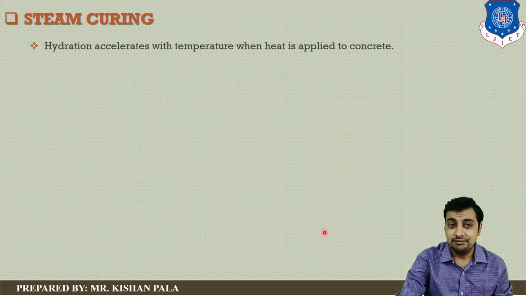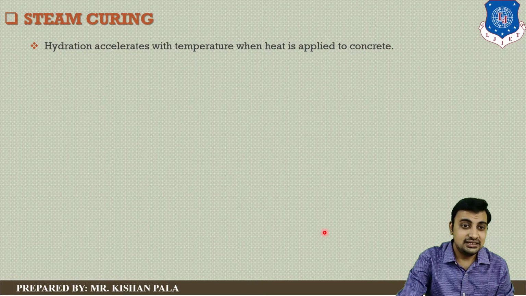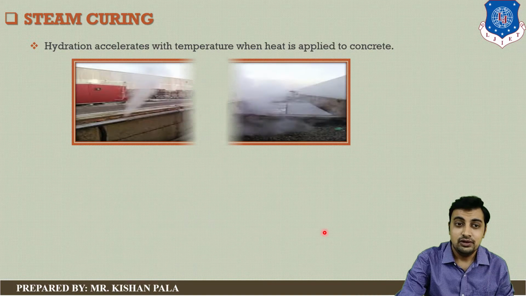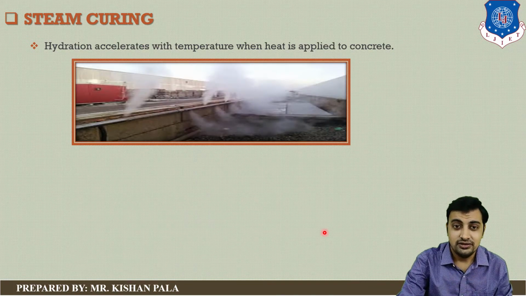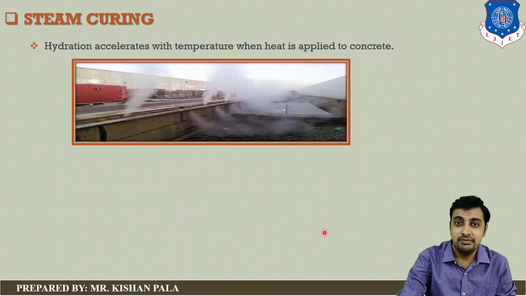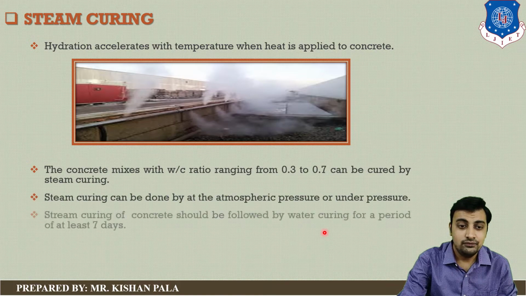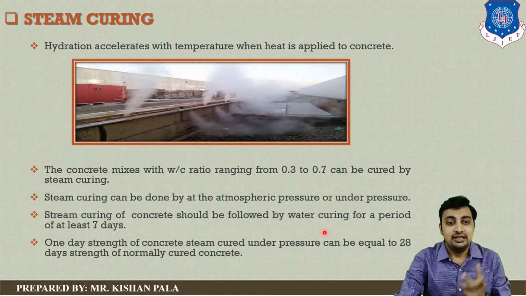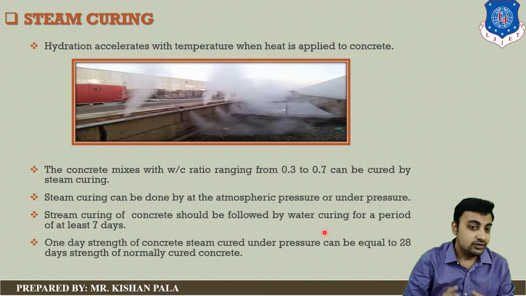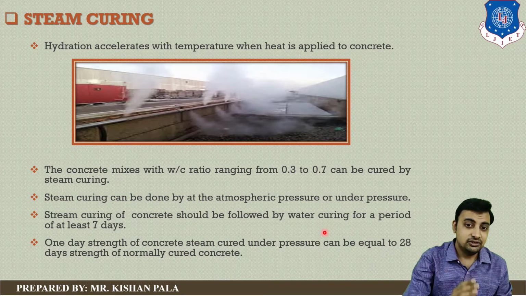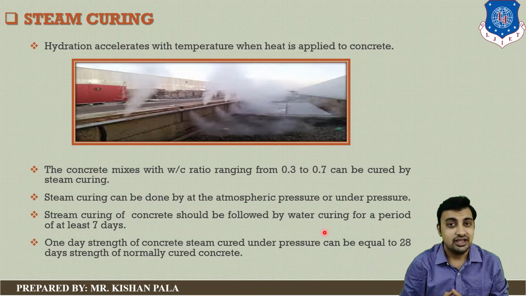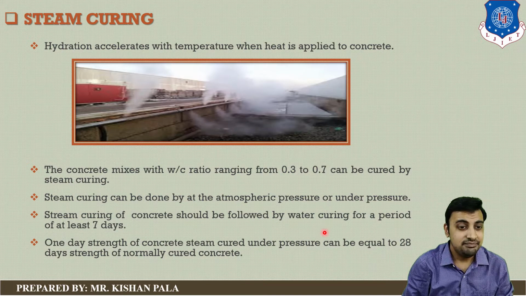In steam curing, hydration is accelerated with temperature when heat is applied to concrete. You can see on your screen, this is the steam curing method for the curing of concrete. Concrete with a water cement ratio ranging from 0.3 to 0.7 can be cured by steam curing.